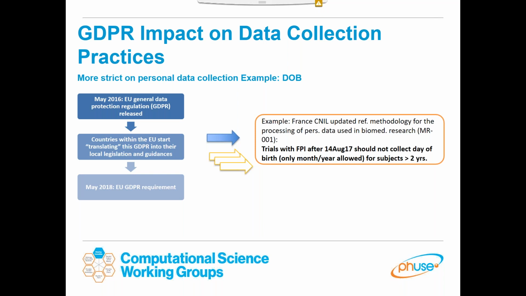We see for Germany, it's not a law, but there is a very strong recommendation to only collect year of birth. In the Netherlands, there are discussions going on already for some years about, can you collect a full date of birth? Is that too much? Is that too much information to really identify a person behind all the information we have in our clinical trials?